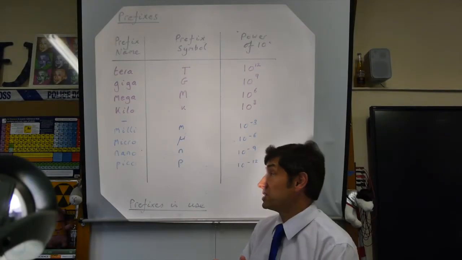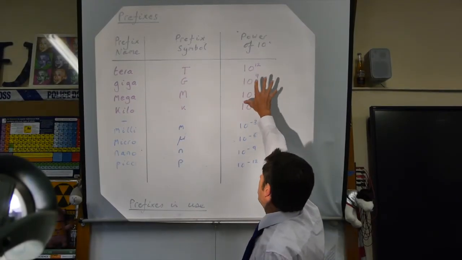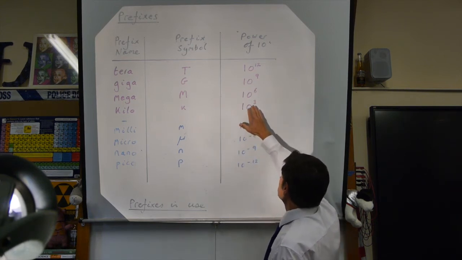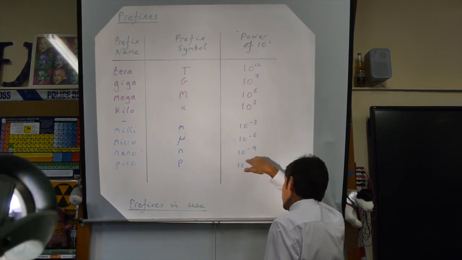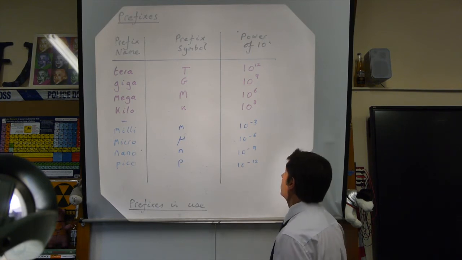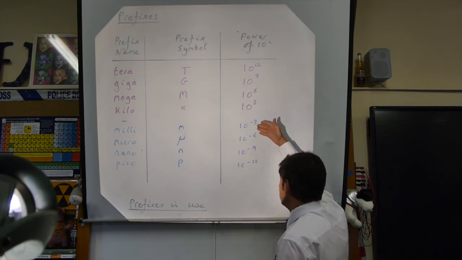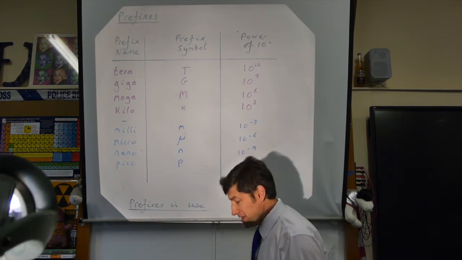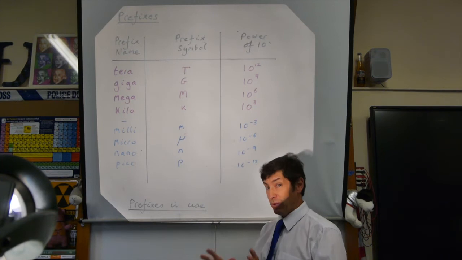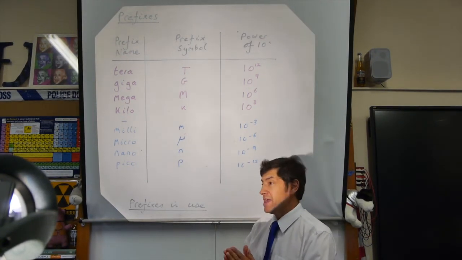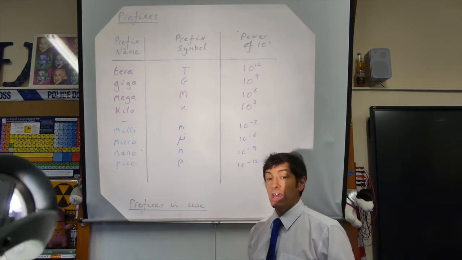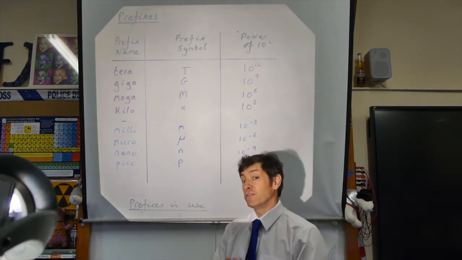Now, I just wanted to point something out about these powers of 10 that go with the prefixes. You'll notice they always go up in thousands and down in thousands, as it were. 10 to the 3, 10 to the 6, 10 to the 9, 10 to the 12. That's really useful. And those of you who are taught by me will know I'll go on and on about this quite a lot. I'll compare a way of working with these numbers and set it against standard form.